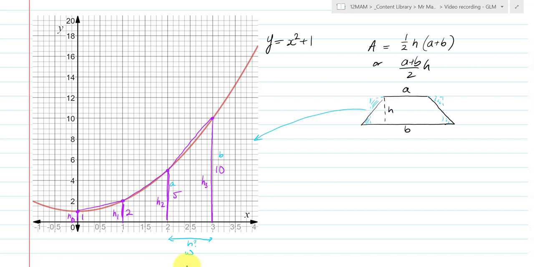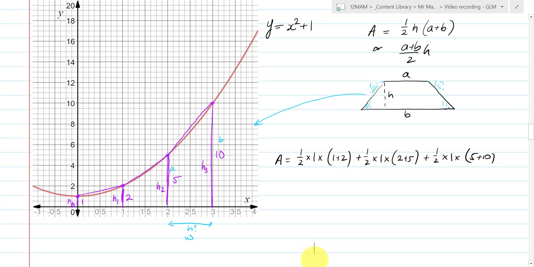So, our area approximation is going to be a half times height, which is 1, times 1 plus 2. And then the next one is going to be a half times height times 2 plus 5. And the last one is going to be a half times 1 times 5 plus 10.